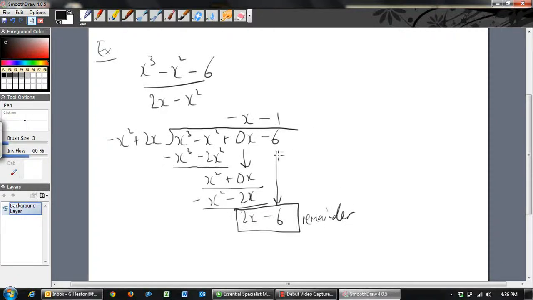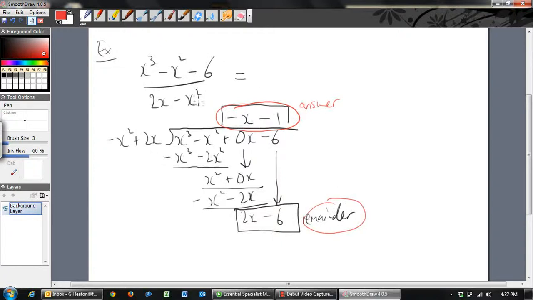So what this means is that this fraction here can be written as, okay, here we go. What was the answer? The answer is here. Should be doing this in red, okay? That is your answer. Okay, your quotient, or I'll just write answer, otherwise everyone gets confused. That's your answer, and this is your remainder here.